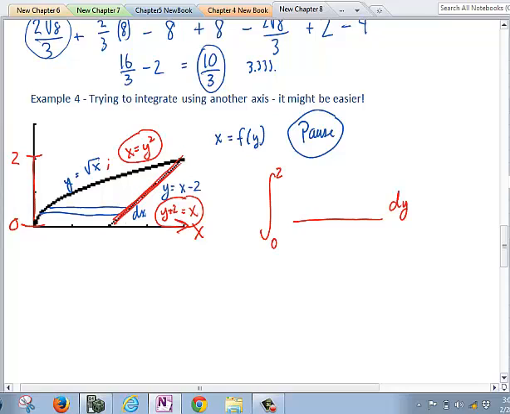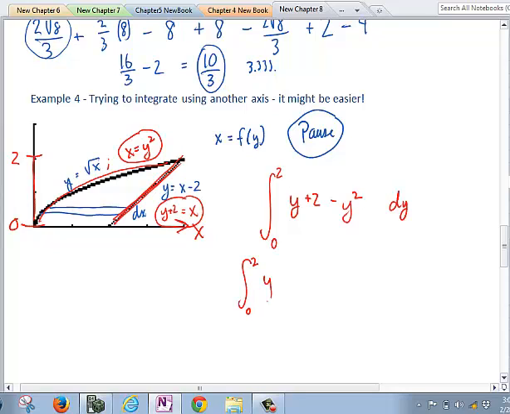Any function that's closer to the top of the x-axis is a top function, and this is the bottom function, y squared. As you can see, because of this integral, we only have a top function and a bottom. We're going to have y plus 2 as our top function minus y squared. As you can see, this integral is going to be much, much easier than we had before.